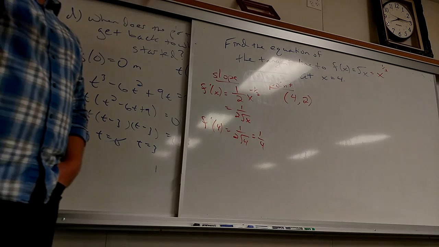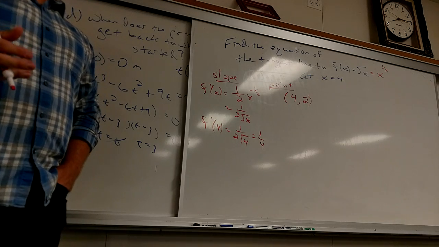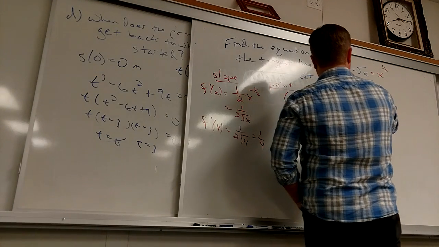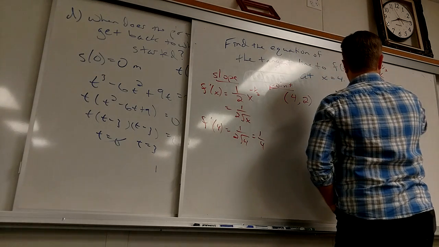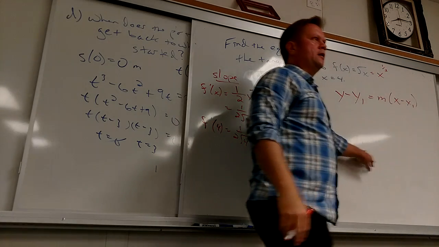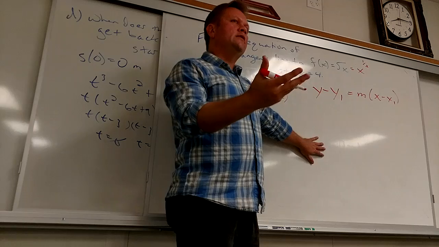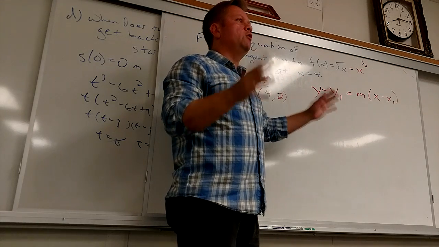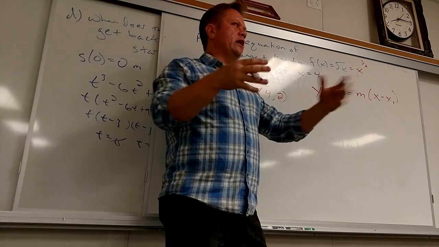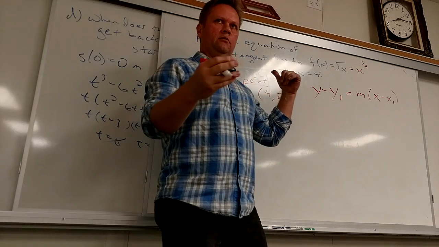And then what do you put all this information into? Yeah, so here's where I'm going to overanalyze things for a second. y minus y1 equals m times x minus x1. Let me replace some of this with slightly more sophisticated symbols. I'm not changing what we do. I'm just putting symbols that relate more directly to what we do.